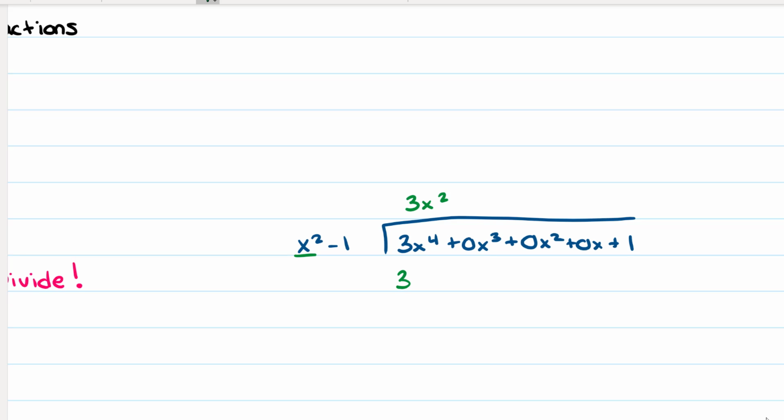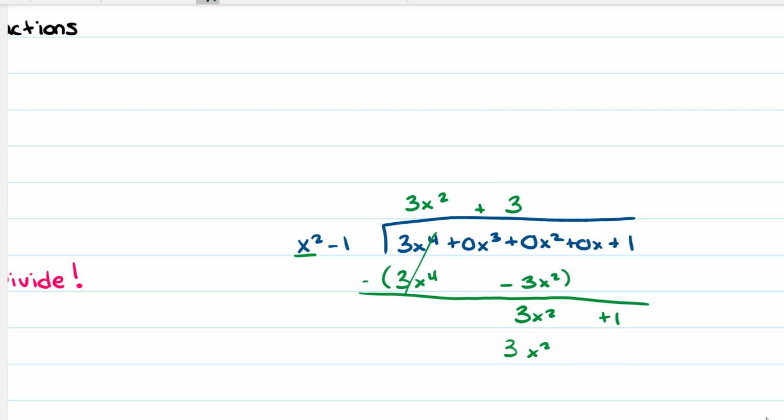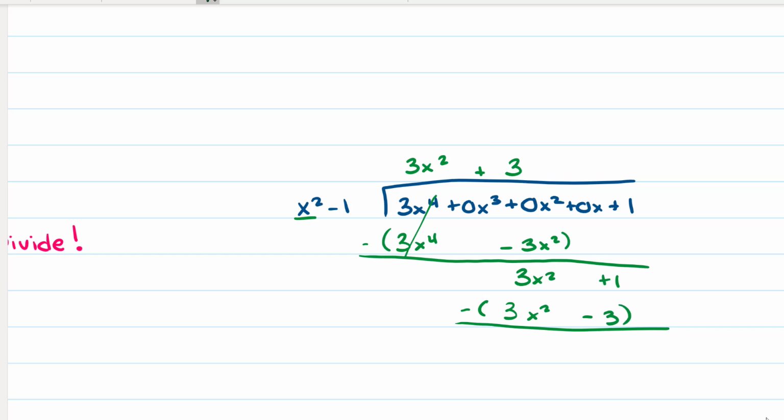So we get 3x to the fourth minus 3x squared, and we subtract. These cancel, and we get 3x squared plus 1. Then we add 3: 3x squared minus 3, and we subtract, so we get 4. This is going to be our remainder here.